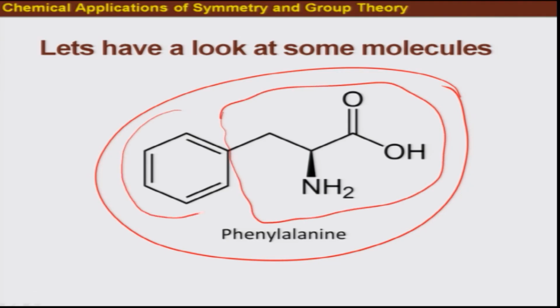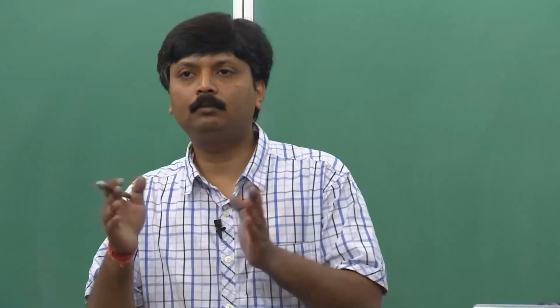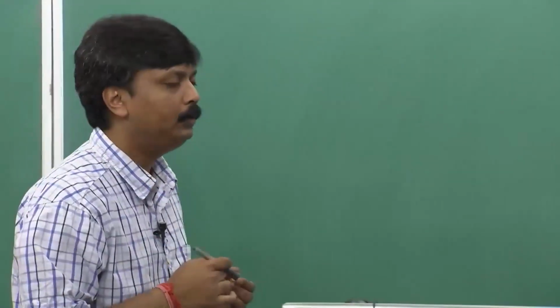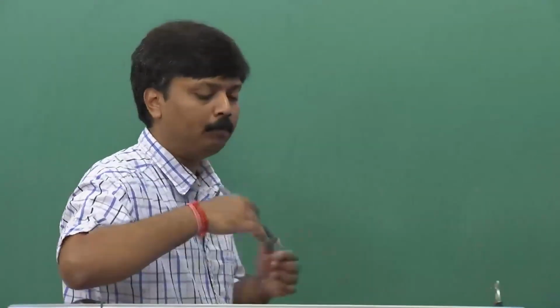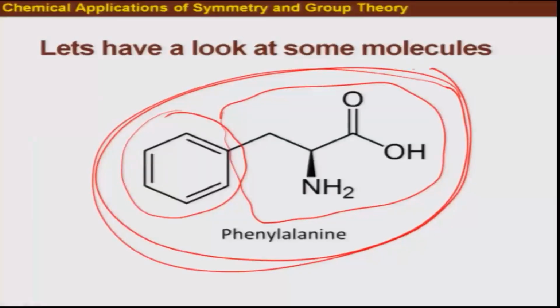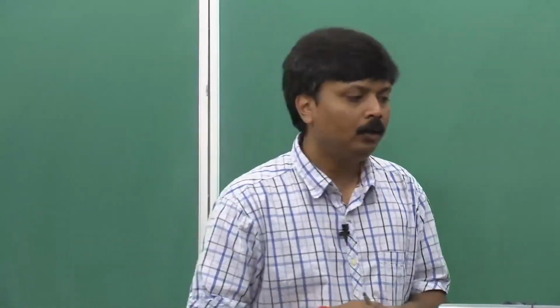This benzene moiety, just the benzene, if you look at it, it's very much symmetric, right? Any point on this object can find an equivalent point on the other side of the molecule. But as a whole, when I talk about this phenylalanine, I have a molecular structure where you have this amine group projecting outside the plane of the molecule, and this C double bond O or OH, they are in the plane of the molecule. So overall it doesn't seem to be a symmetric molecule, which is obvious.